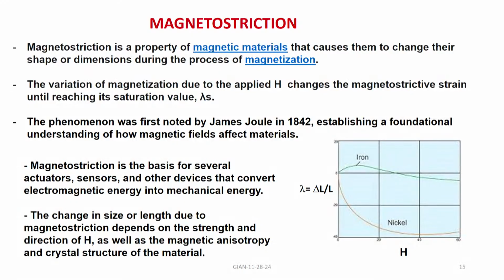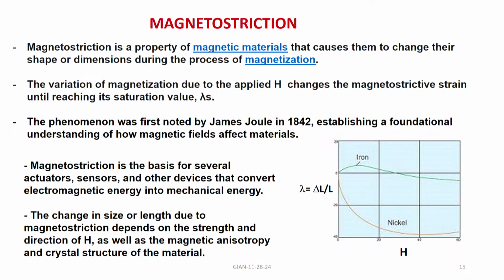So, these would involve a shape change in the bulk of the material. So, some mechanical strain. That strain is what we call magnetostriction, and the strain will increase as you increase the external magnetic field, and ultimately it will reach its saturation value.